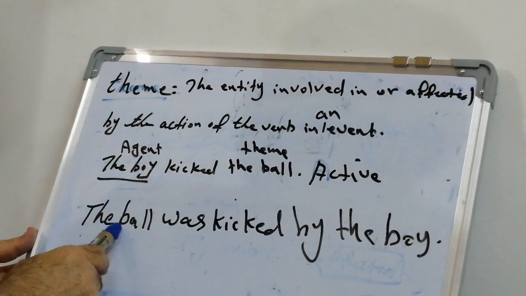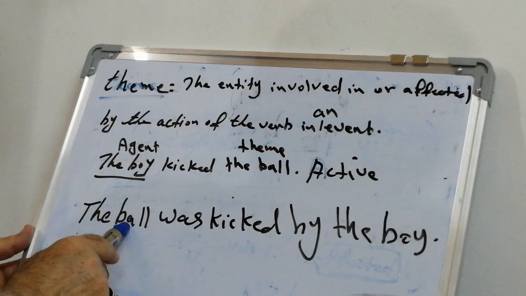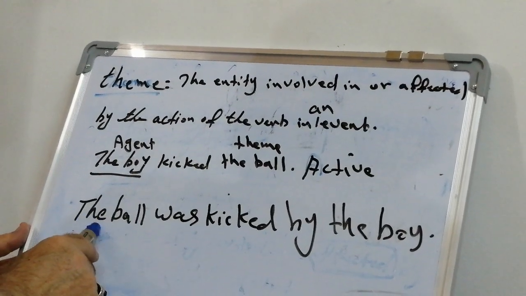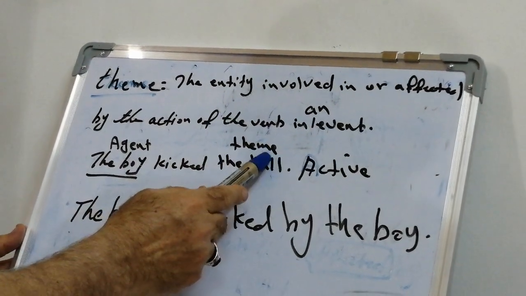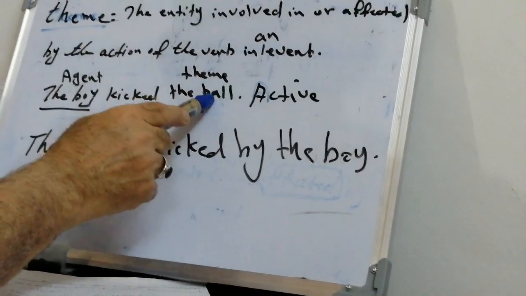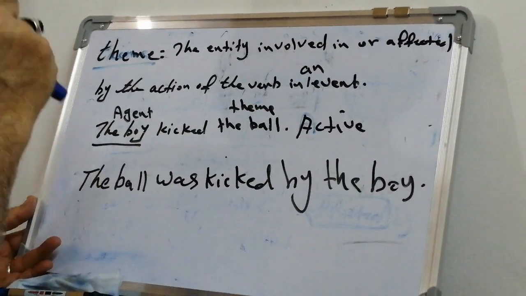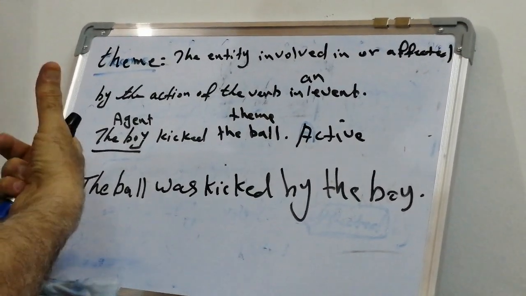Now, look here, the ball. As a syntactic role, it is subject. But as a semantic role, it is theme. So although it changes, here it is a theme, and here also a theme, semantically speaking.